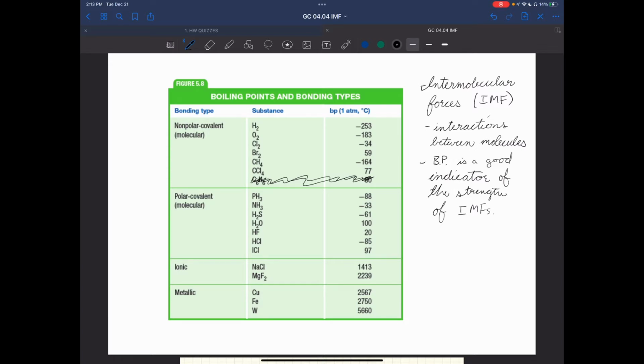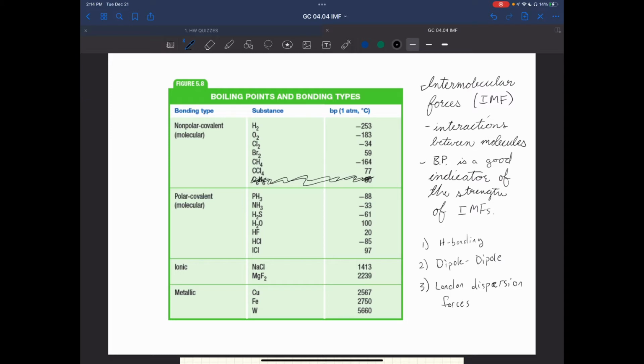We're going to talk about them from the strongest, which is hydrogen bonding, to the weakest, which is London dispersion. And then the middle one is called dipole interactions.